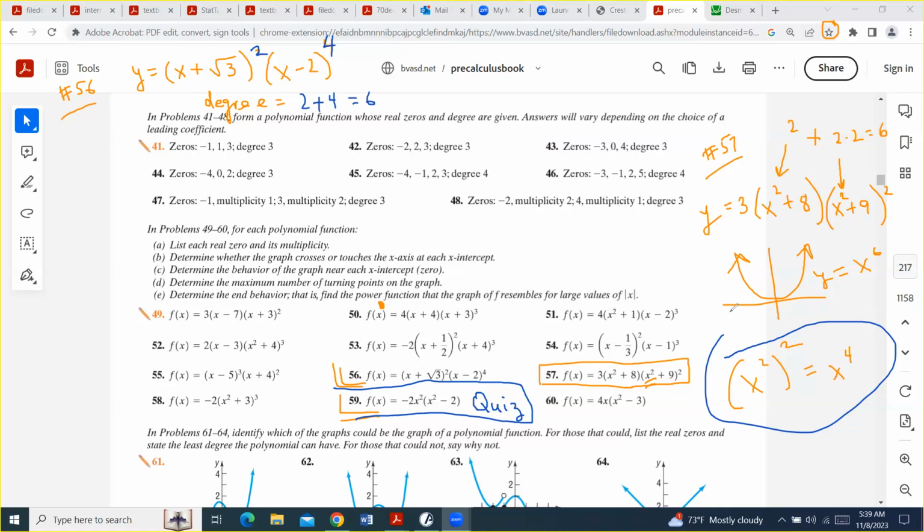So anyways, I'm looking at exercise number 59. Let me actually try to graph it. I think that'd be a good exercise to graph, so I'm going to share this little board and try to graph 59.